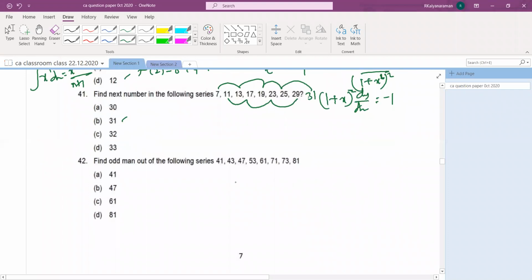Find the odd man out of the following series. I think the difference is 2, 4, 6, 8, 10. Here. You can check the difference is 2, 4, 6.